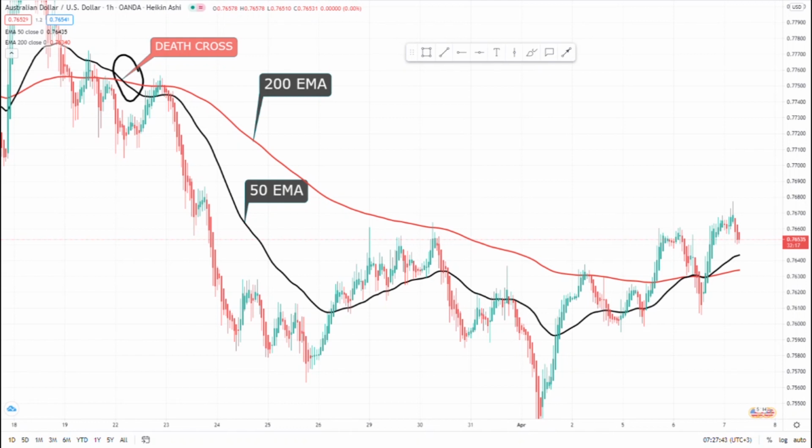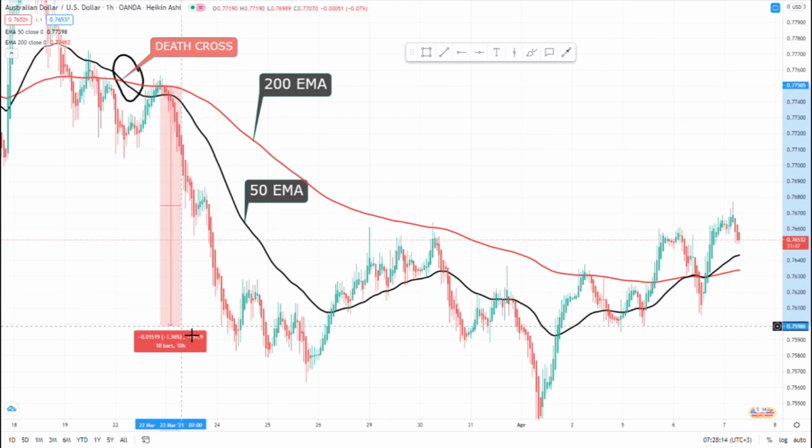So guys, this is our example of a death cross. This is the AUD/USD pair, and you can see whenever the death cross occurred, when the 50-day moving average crossed below the 200 moving average, the market really went down. If we count how many pips this is, almost 186.